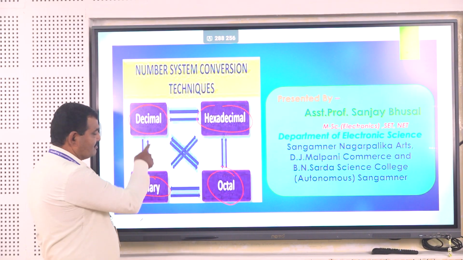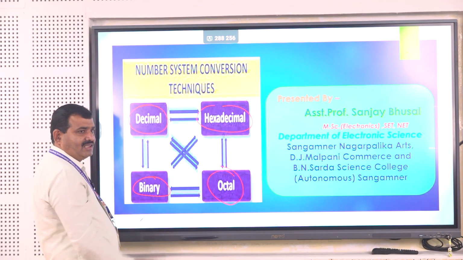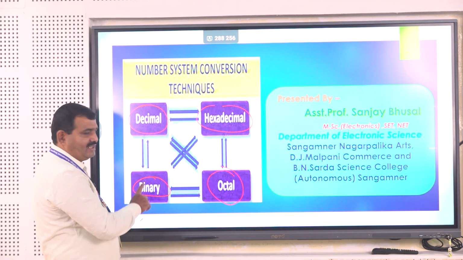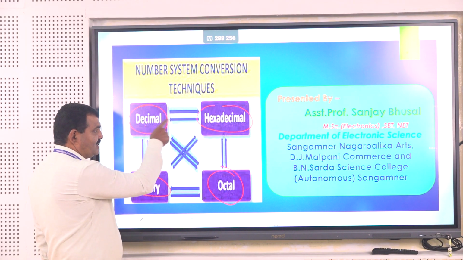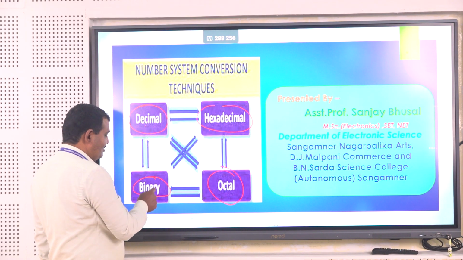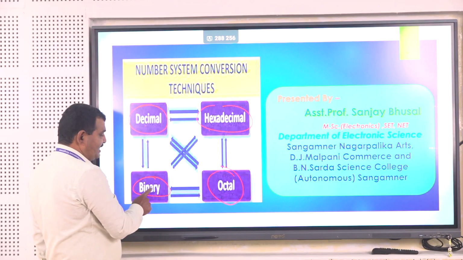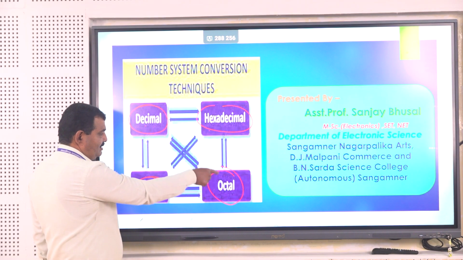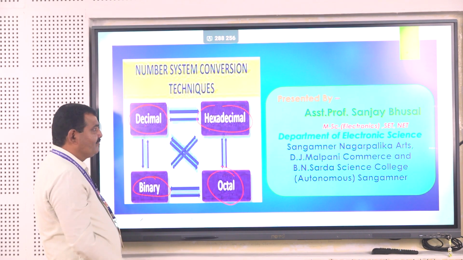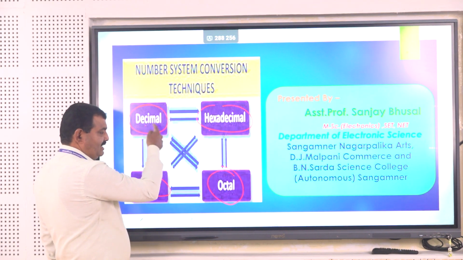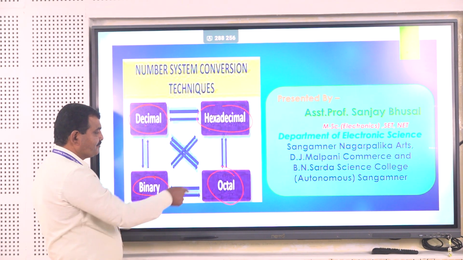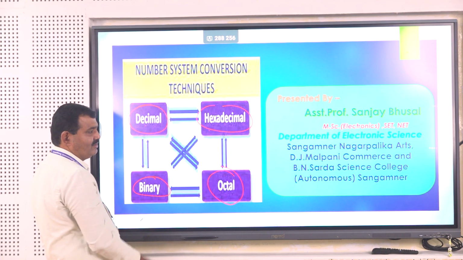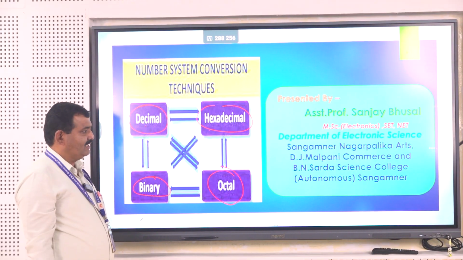We can convert any number from other 3 weighted number systems, that is decimal number is converted into hexadecimal, octal or binary. Similarly, binary is converted into decimal, hexadecimal, octal. Hexadecimal is converted into decimal, octal and binary, and octal is converted into decimal, hexadecimal, binary.